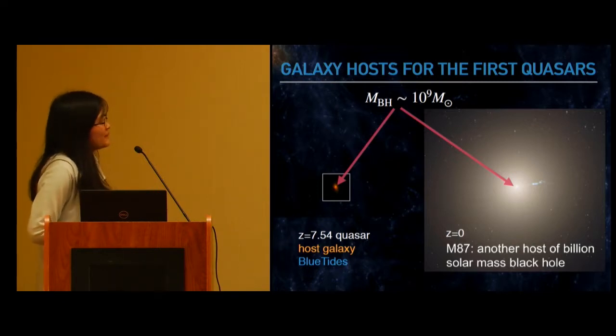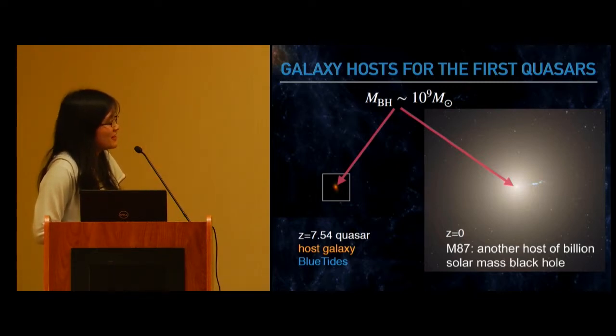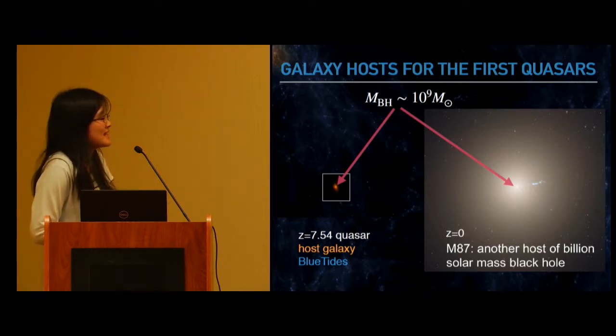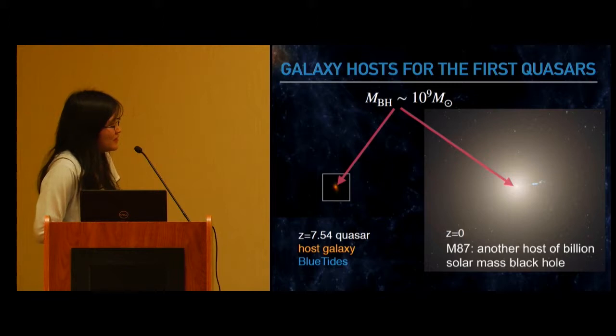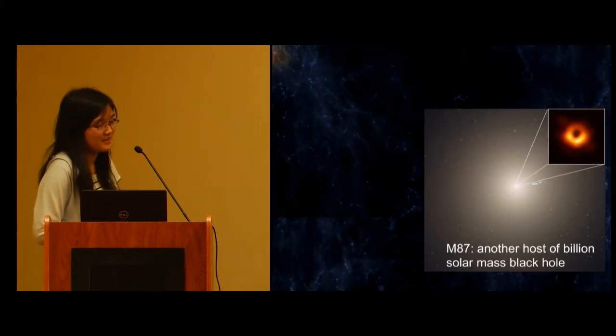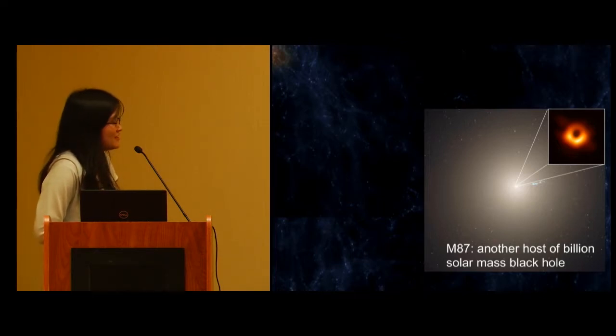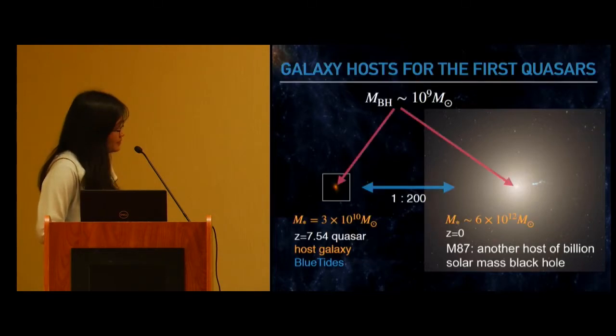So to give a sense of how tiny and compact it is, we make a comparison of the host galaxy for our most massive black hole with the host galaxy for another supermassive black hole in the local universe. Both black holes have the same order of black hole mass, up to a billion solar masses. However, this one is a local supermassive black hole, which is a very famous one because we just made the first image of it, M87.